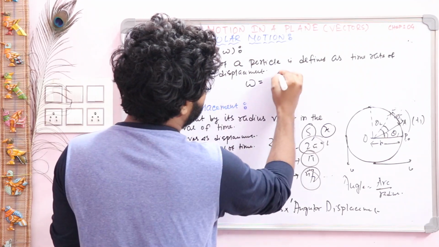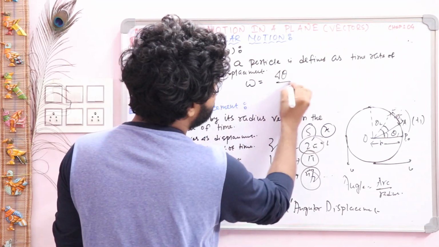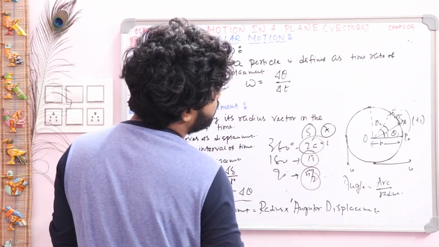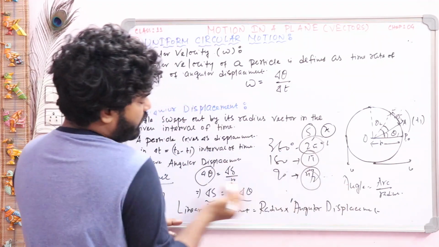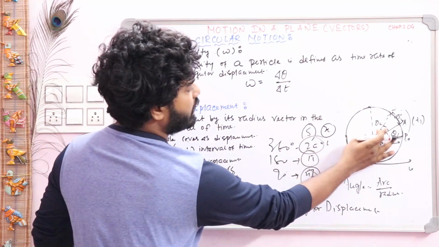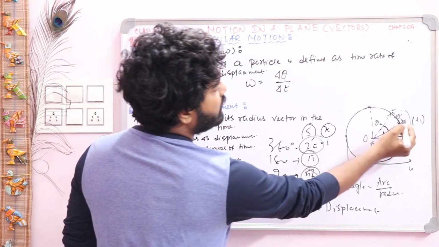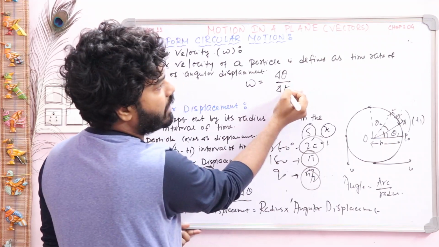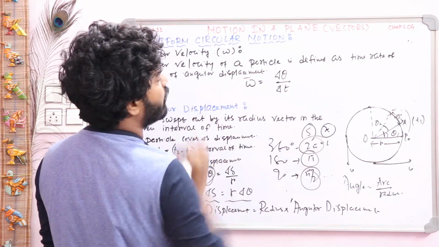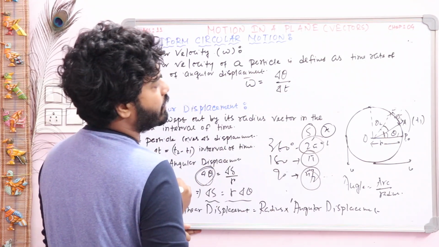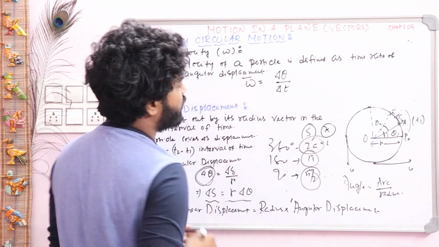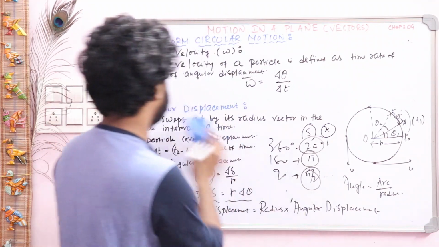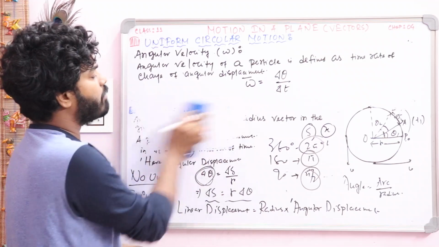Suppose del theta is the angular displacement in time interval del t. So del theta by del t is known as the average angular velocity. So average angular velocity omega bar is equal to del theta by del t.